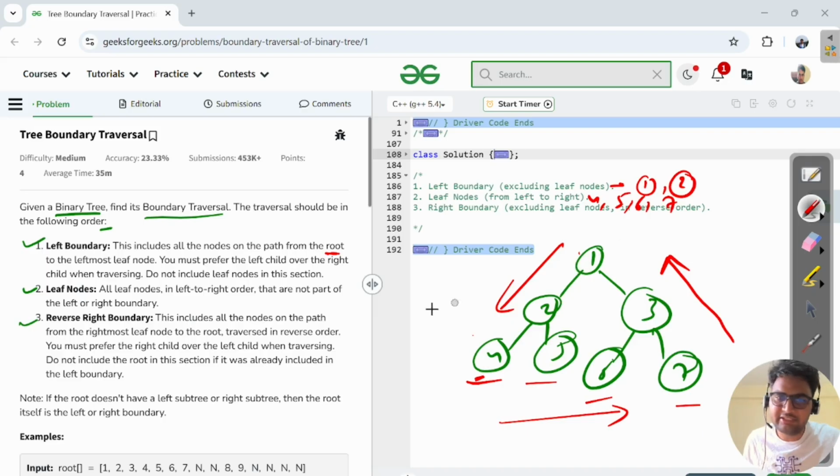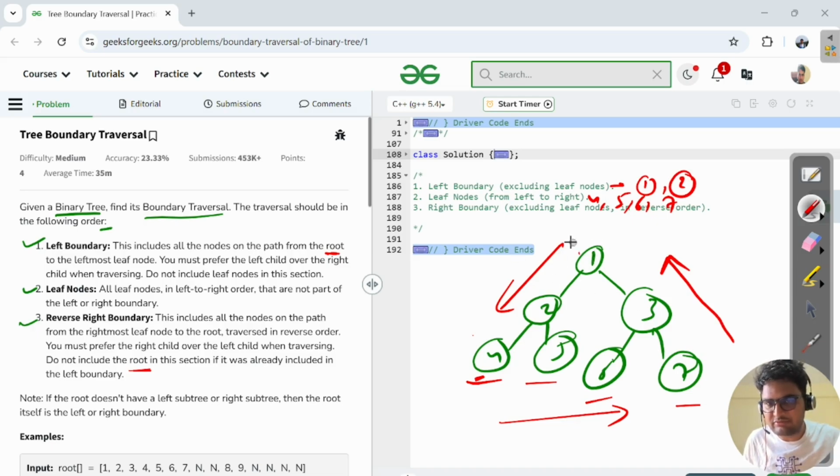And the root we have already included, that is what is mentioned here. You must prefer the right child over the left child when traversing. Do not include the root, because the root has already been included while traversing the left boundary. So we do not have to include the root twice.